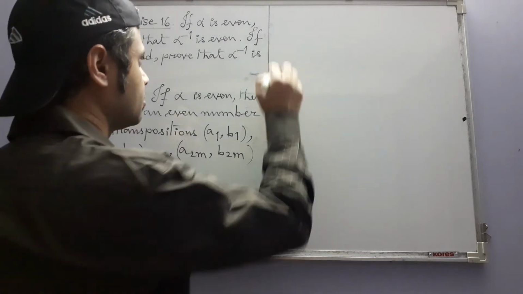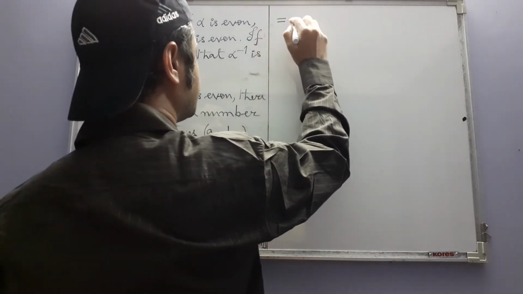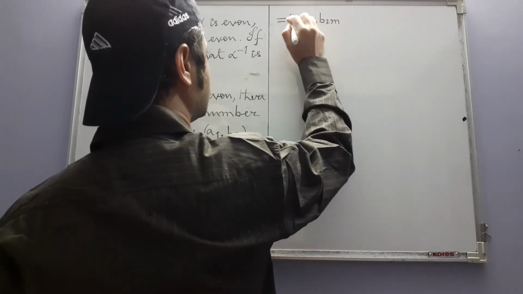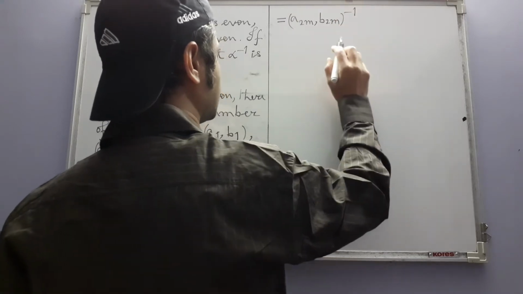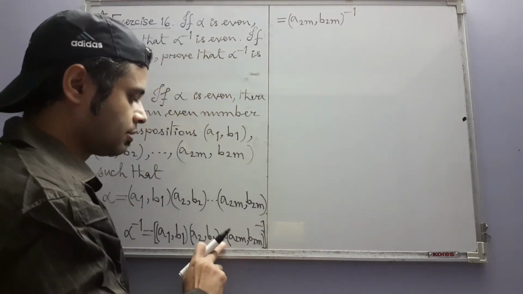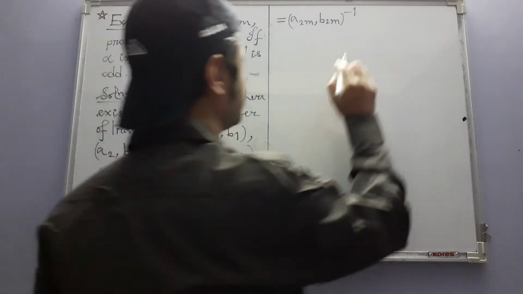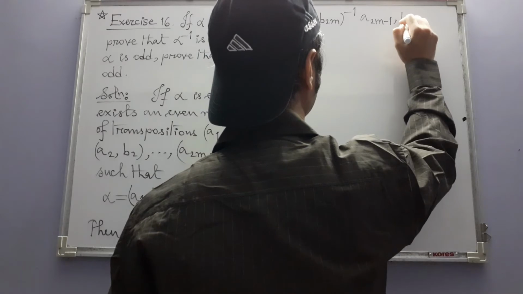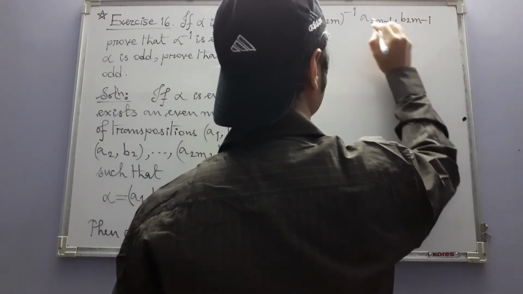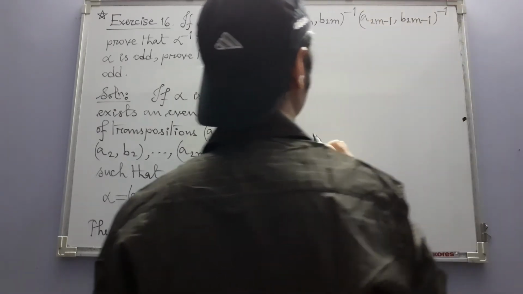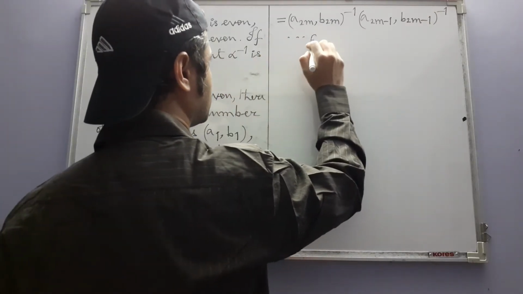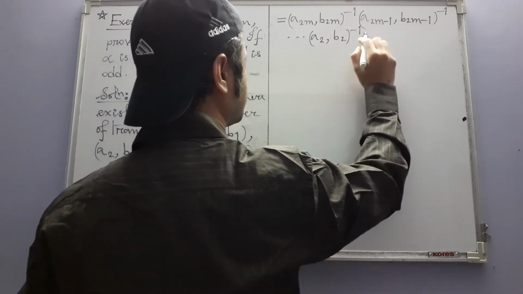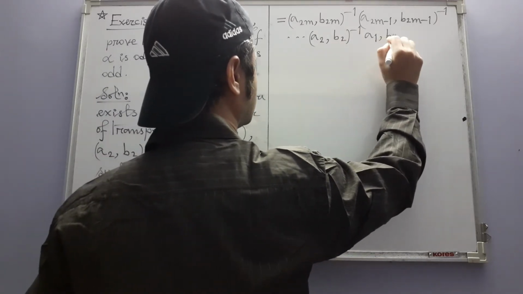So this is equal to (Am Bm) inverse, and then the one that appears before it, (A(m-1) B(m-1)) inverse, and so on, (A2 B2) inverse, (A1 B1) inverse.